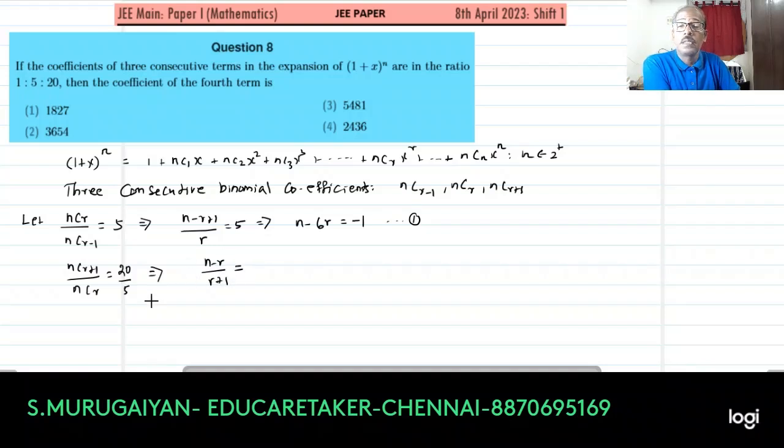This is a fundamental simplification. 20/5 is nothing but 4. So n minus r minus 5r... n minus 4r, here one more r, minus 5r is equal to 4. So n minus r, if we take 4r to the left side minus 5r, we retain 4 on the right side. We have to solve these two.